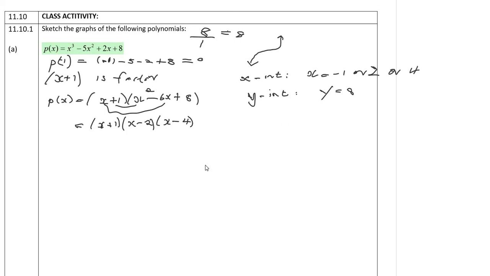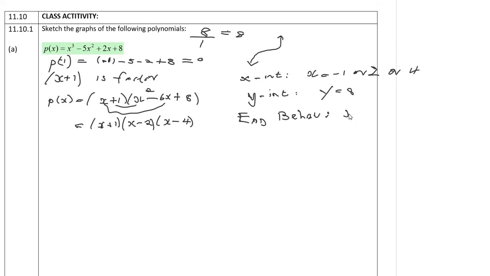y-intercept. Alright, let's look at the end behavior here. Okay, now this is as we said, a positive leading coefficient and it's uneven, so right arm up and left arm down. Remember, you must give us the end behavior.